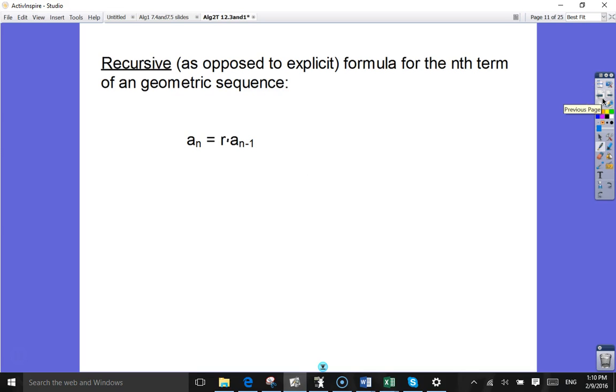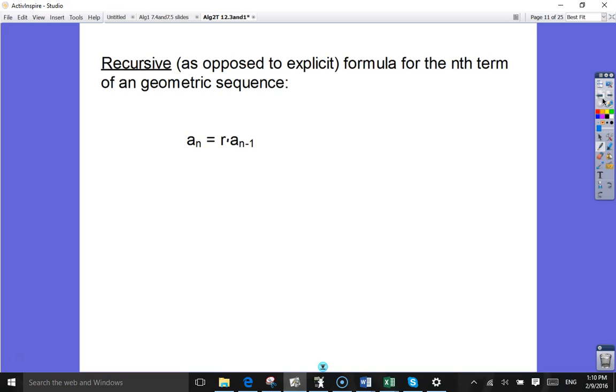Okay, the recursive formula, as we saw in the last little bit of the homework there, right? It's not explicit. I can't plug in n and get a value out. I have to know a term that goes before it. For this one, I need to know the term that's right before it. Again, that's what these subscripts of n and n minus 1 mean.